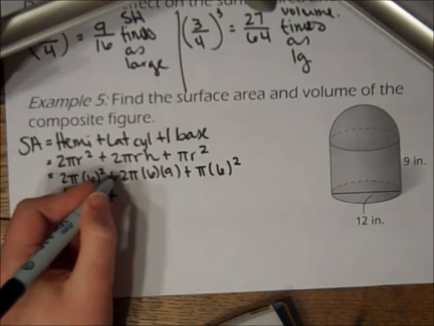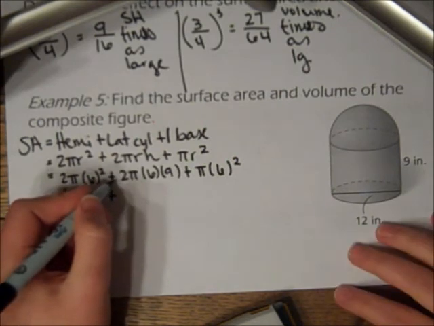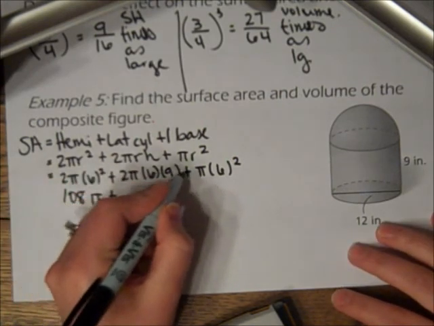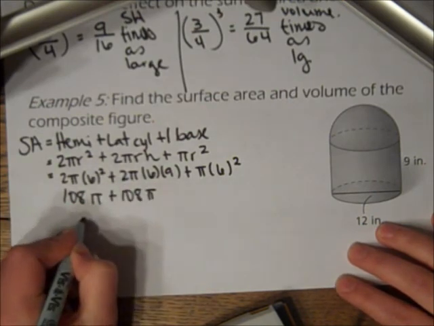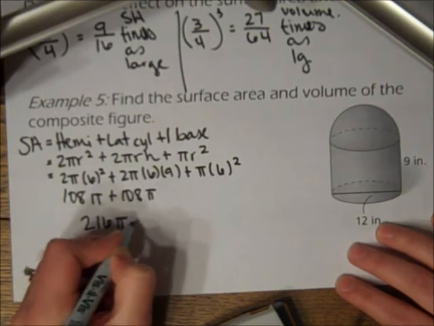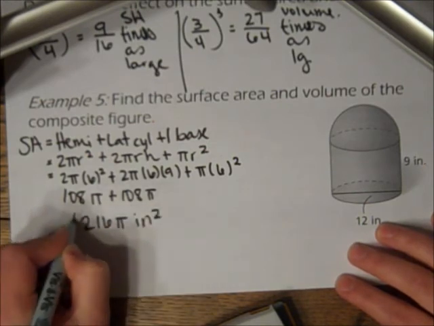And 2 times 6 times 9 is also 108 pi. So that's going to work out to be 216 pi inches squared.